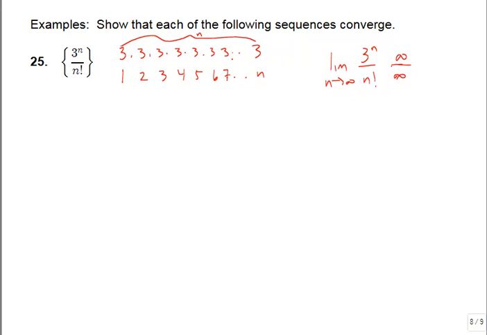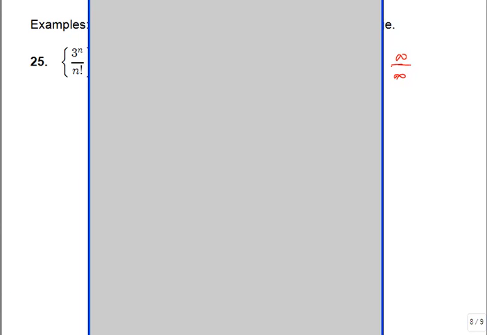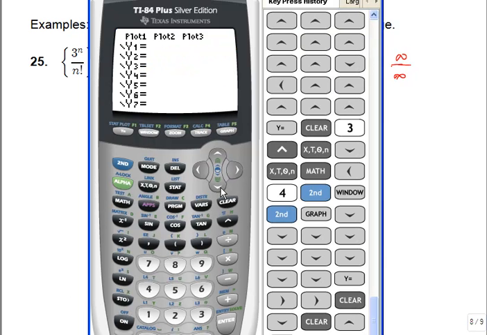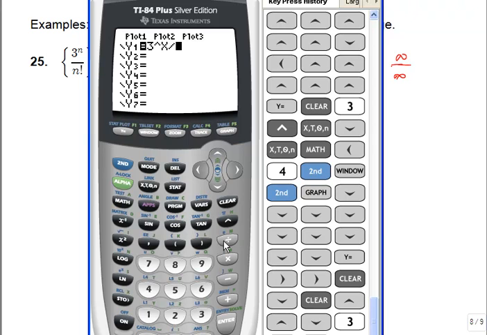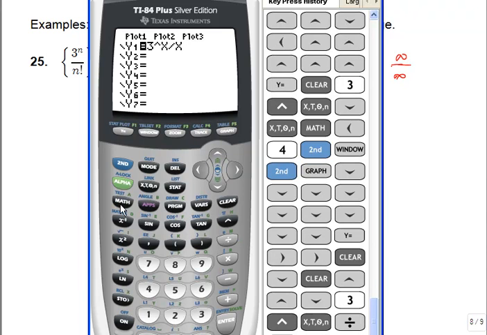Now if we actually look on our calculator, we'll see some boundedness. So let's first take a look at our calculator and let's type in our actual sequence: 3 raised to the x divided by x factorial.